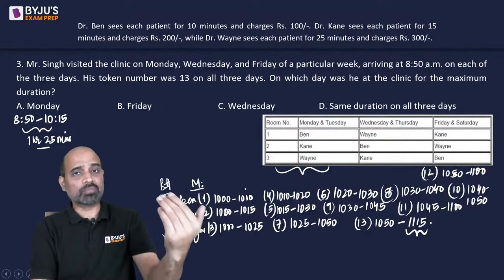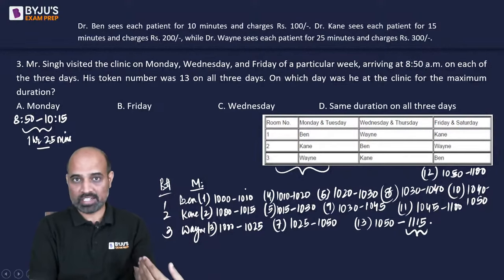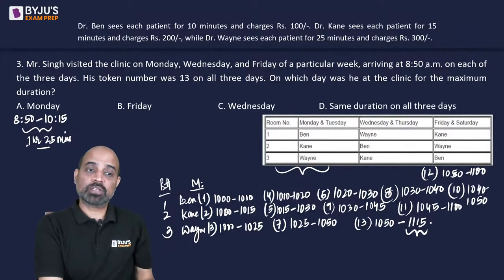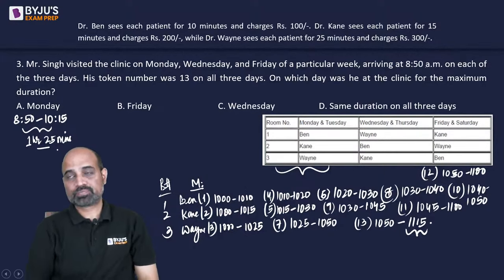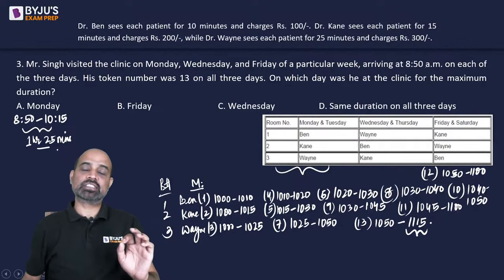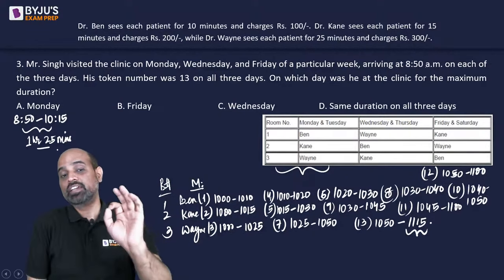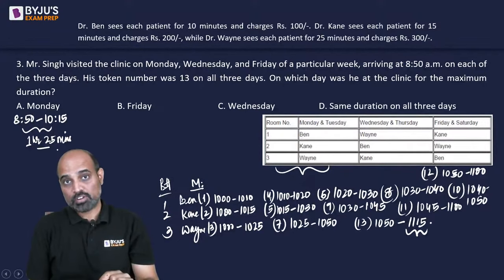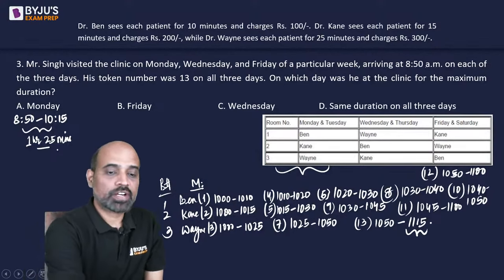Plus, Mr. Singh was 10 minutes early at the clinic. So that is 85 minutes, which means 60 minutes plus 25 minutes. In other words, we have to see that Mr. Singh, that is token number 13, is being seen by which room number and by which doctor for each of the 3 days. So we're done with Monday.